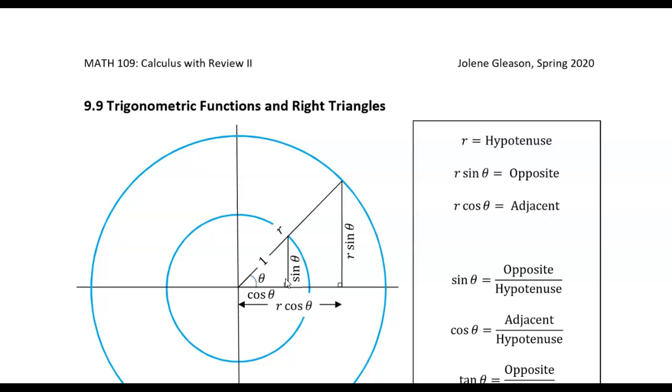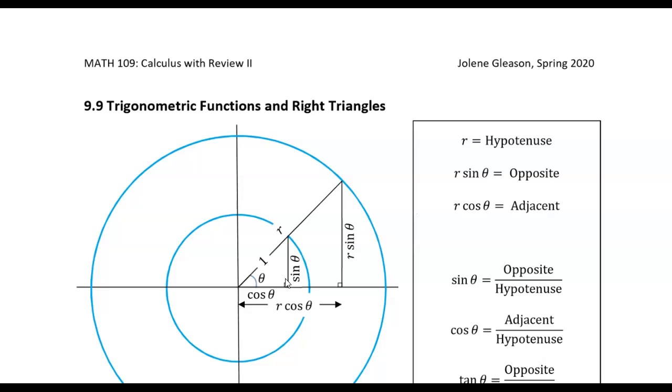And so if we scale up the hypotenuse by a factor of r, we can also scale up the legs by a factor of r. So if we call r the hypotenuse, r times sine theta is what we're going to call the opposite side, because it's opposite the angle that we're interested in. The side opposite that is r sine theta.